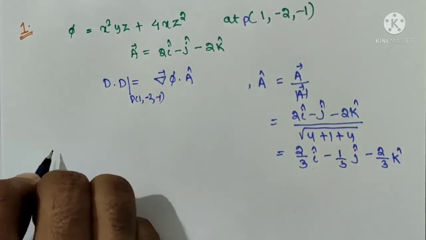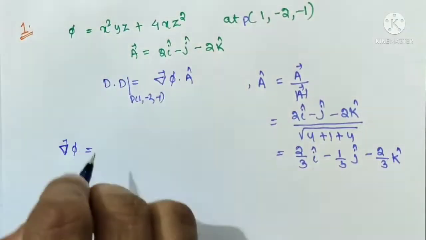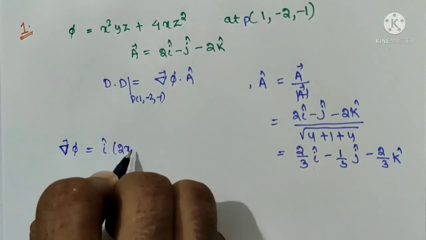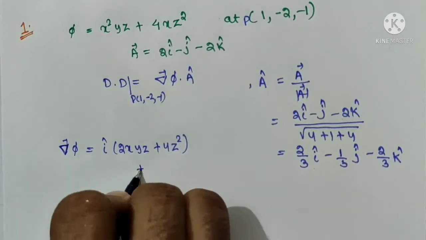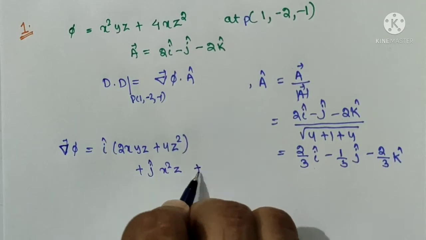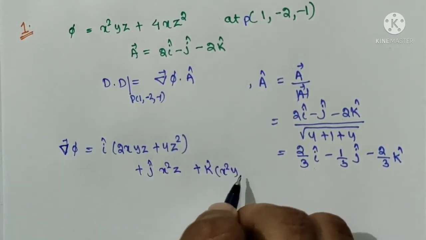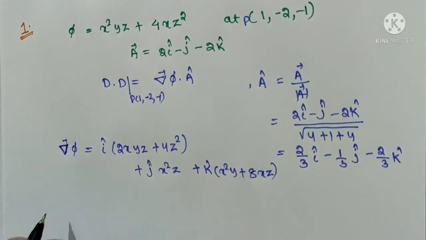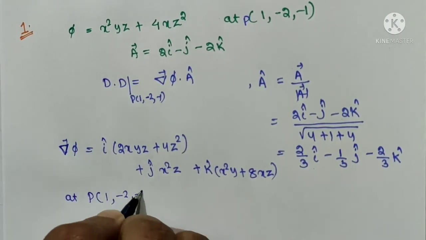Now grad phi. Calculate the gradient of this scalar function. So it is equal to i cap (2xyz plus 4z square) plus j cap x square z plus k cap (x square y plus 8xz). Now define this grad phi at point P, 1, minus 2, minus 1.